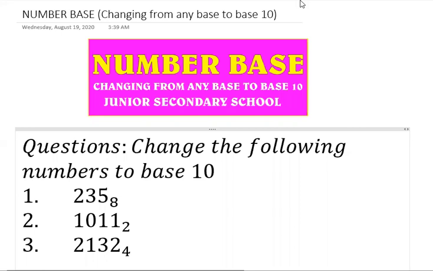Today we'll be taking number base, changing from any base to base 10. In our previous classes, we've been able to treat number base, addition and subtraction of number base, multiplication of number base. We've been able to change number from any base to binary, to base 2.